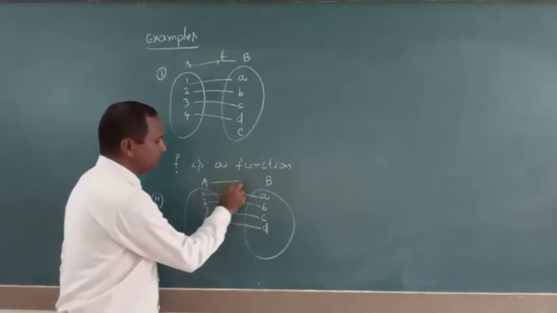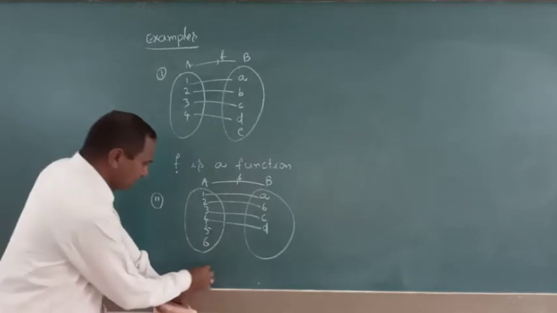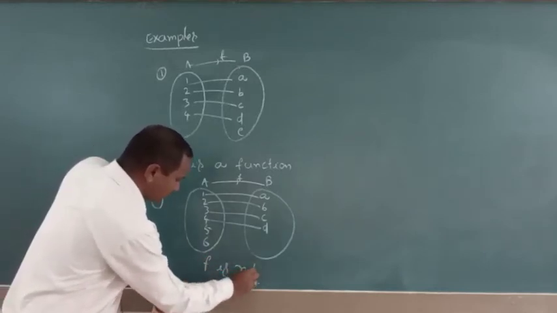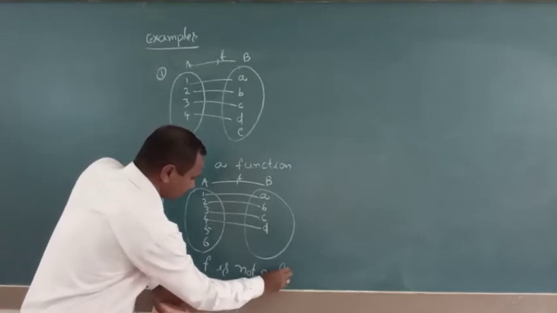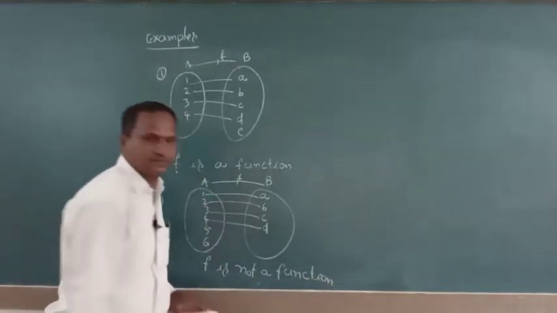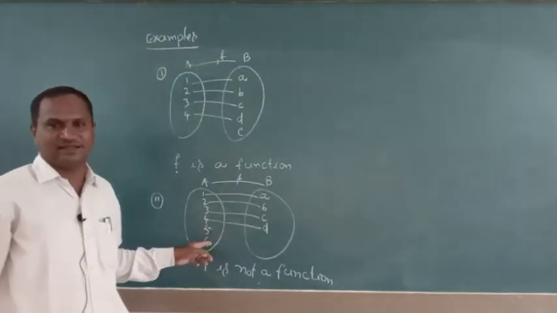F is mapped from A to B here. In this case we can tell F is not a function. Why? Because there are some additional elements 5, 6 there.